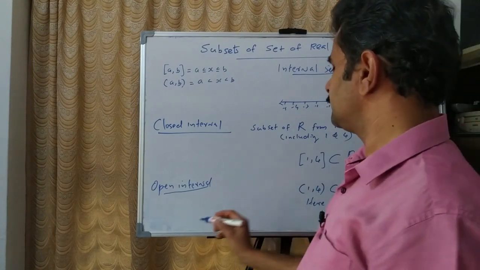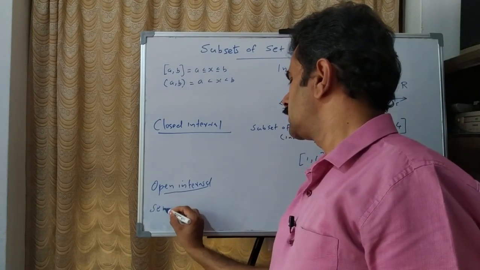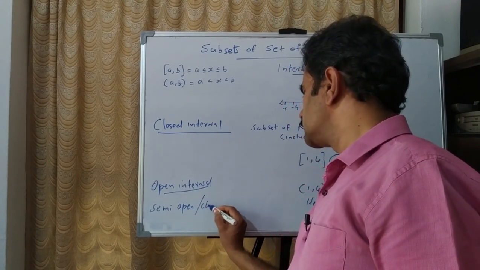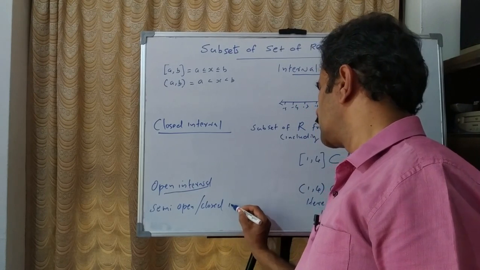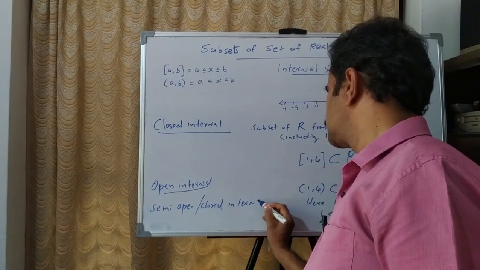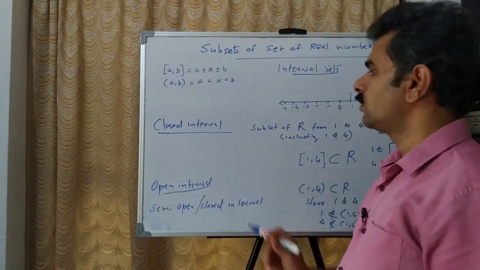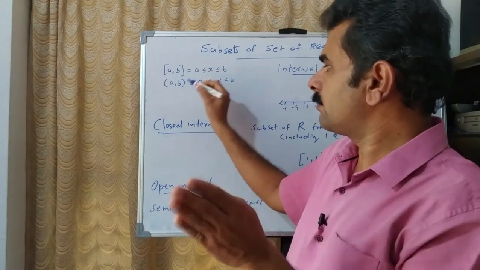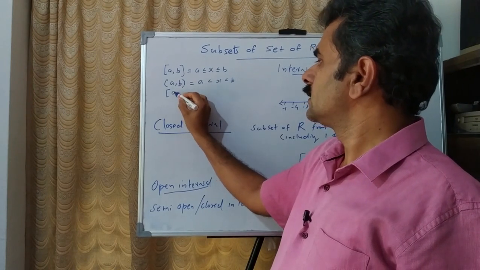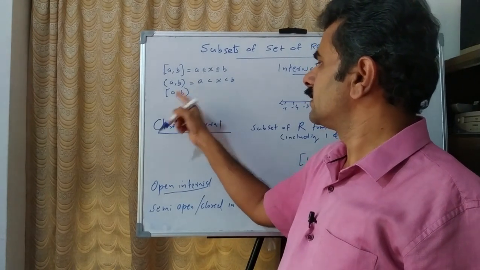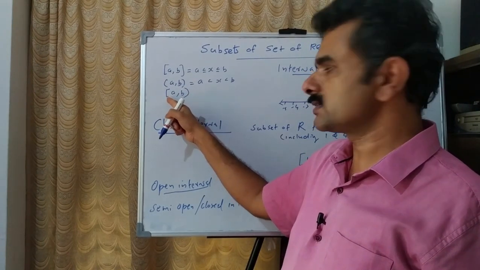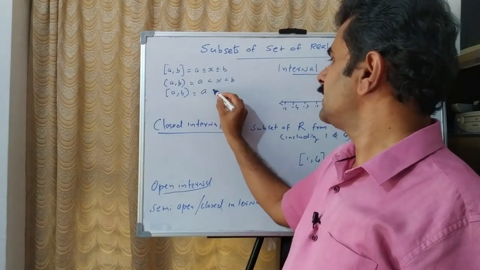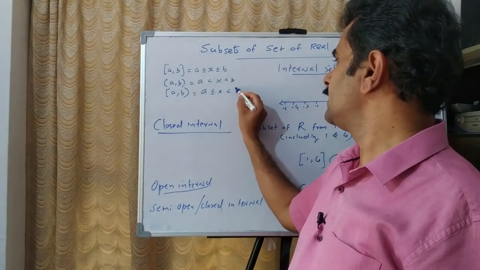Then similarly, semi-open or semi-closed interval. That is, only one part is open or closed. This one: here the beginning bracket is for closed and the ending bracket for open. This is where a is included, but b is excluded.